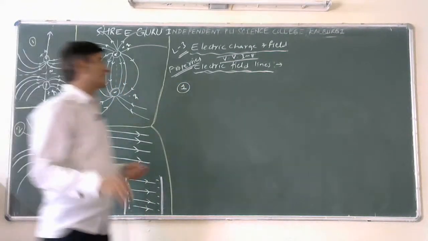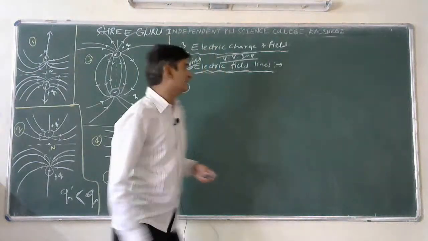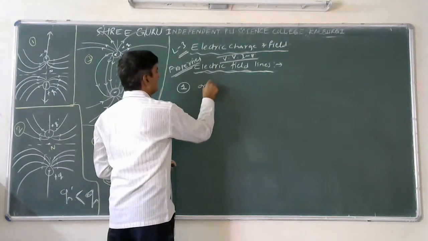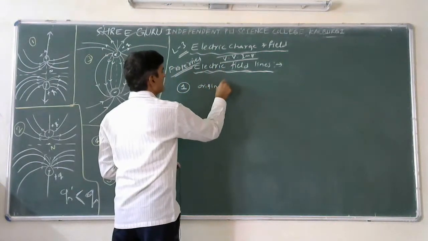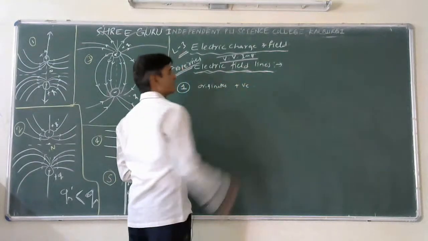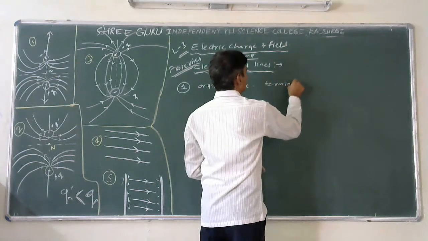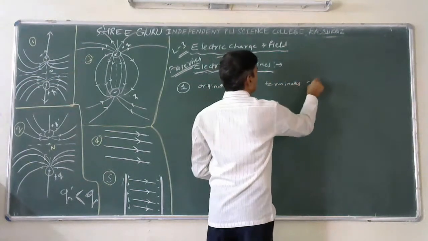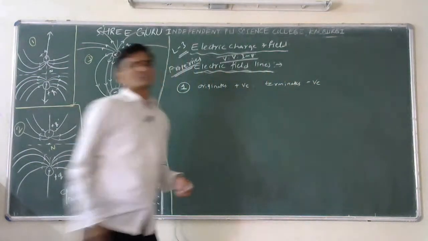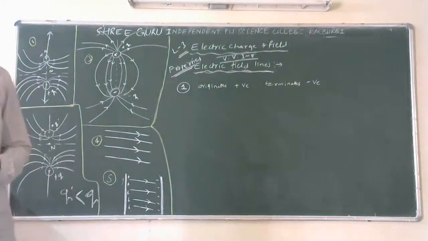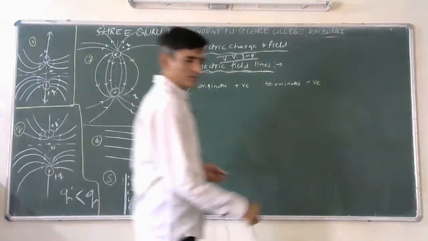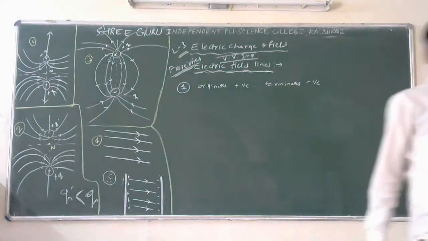Electric field lines originate from the positive charge and terminate on a negative charge. First property. Did you understand what are electric field lines?